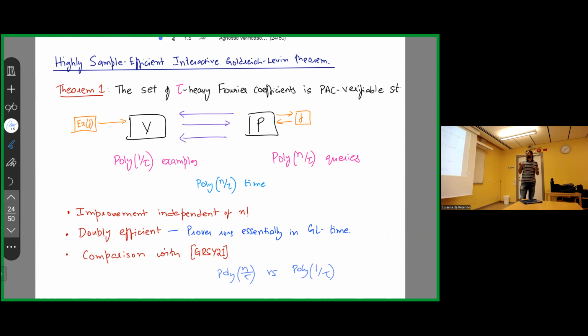And delta is just the confidence probability. That delta here comes up in the soundness and completeness probabilities. So except with probability delta, my answer is good. And goodness is measured with some epsilon fudge with respect to heaviness or not. Yeah, exactly.